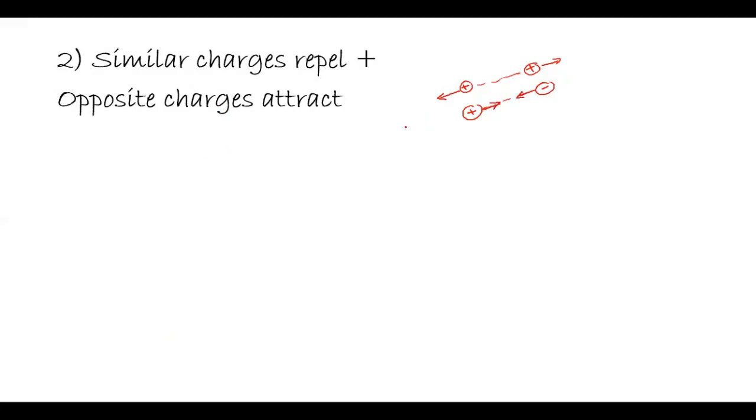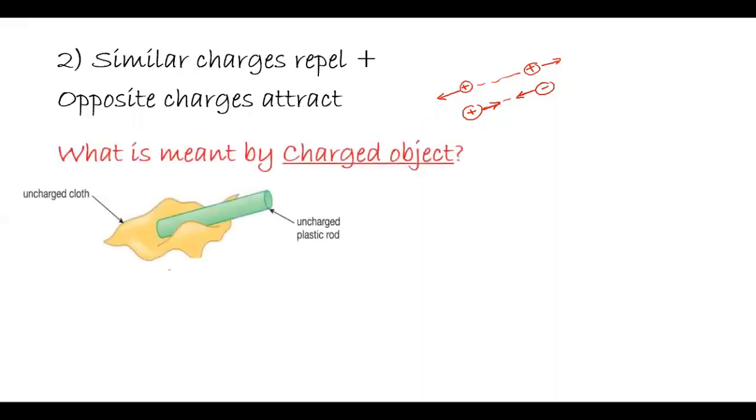Let's discuss what is meant by a charged object. A charged object can be understood through a process. If you have a piece of cloth and you rub this plastic rod, initially both of them are uncharged, but the rubbing makes some electrons move from the rod to the piece of cloth.